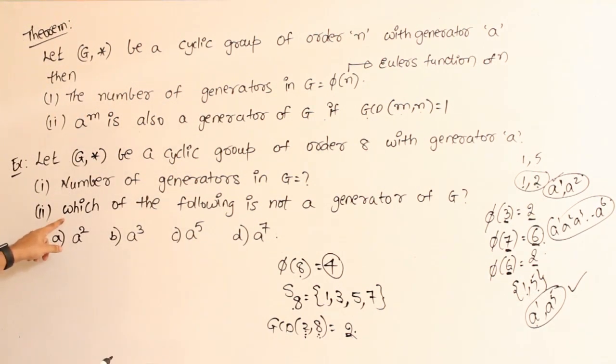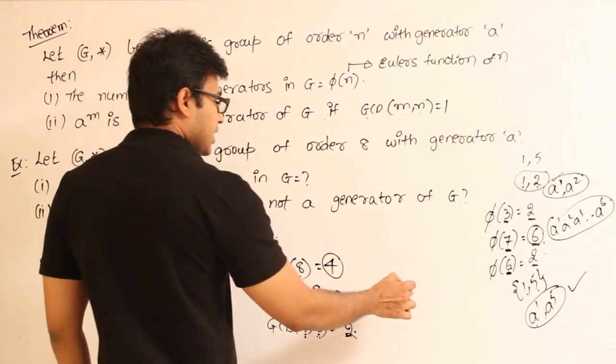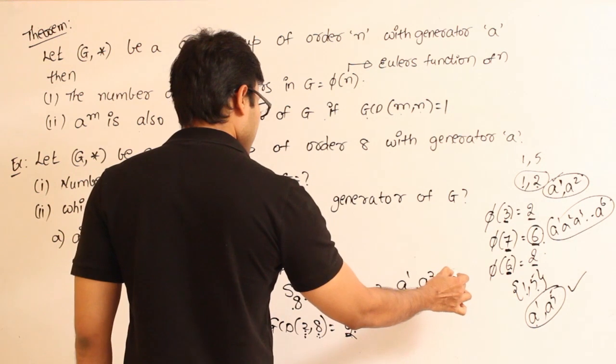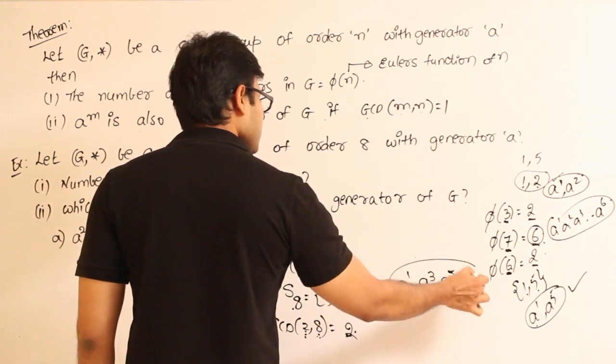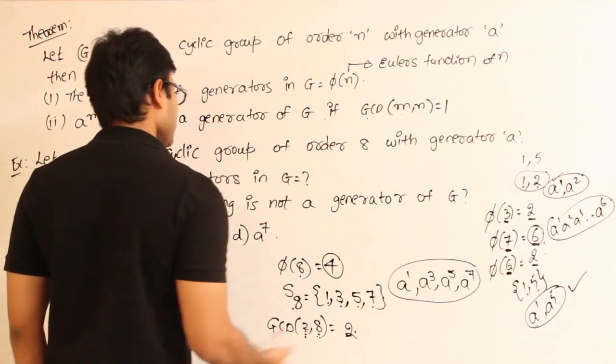Which of the following is not a generator? So if a is a generator, then what can you say about it? a^1 is a generator, a^3 is a generator, a^5 is a generator, and a^7 is a generator. All these are going to be generators, right? 1, 3, 5, 7, all these are going to be generators.